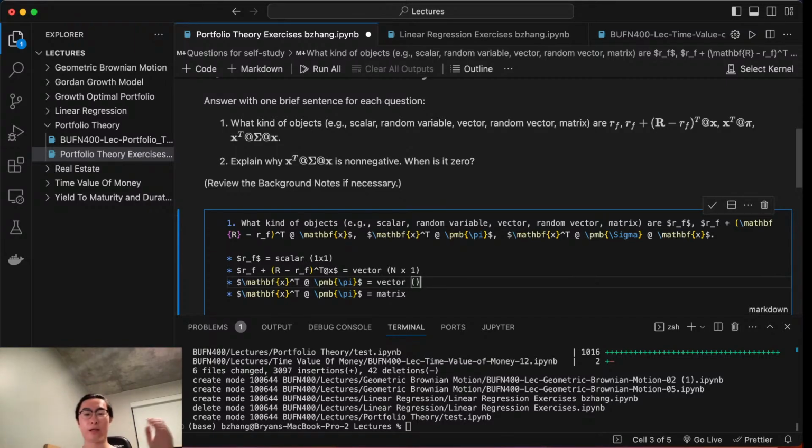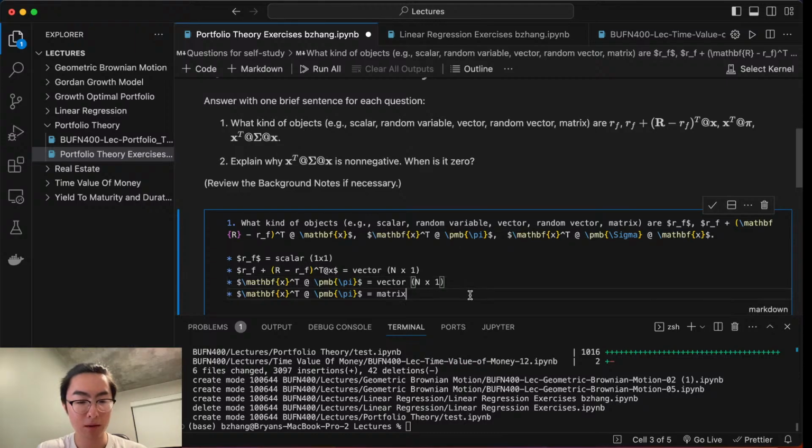So yeah, n is the number of risky assets. So this one is X transpose pi. That's X transpose, which should be n by 1. So this will be 1 by n, and this will be n by 1.